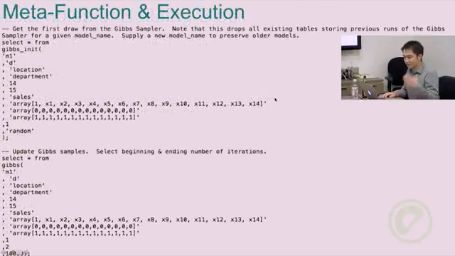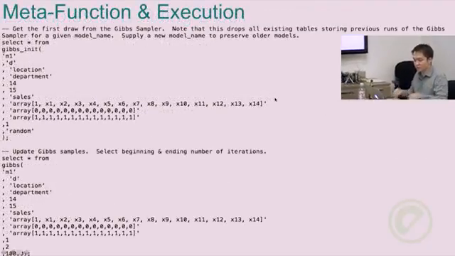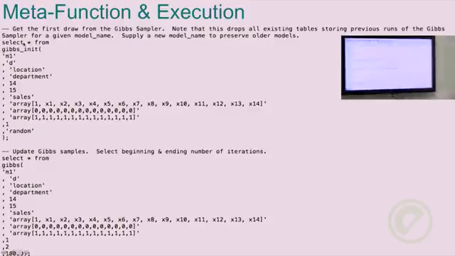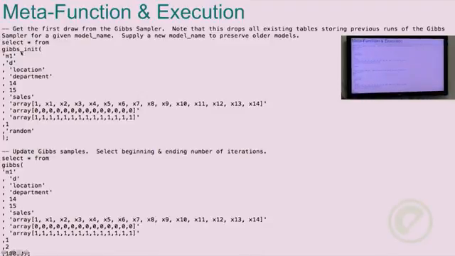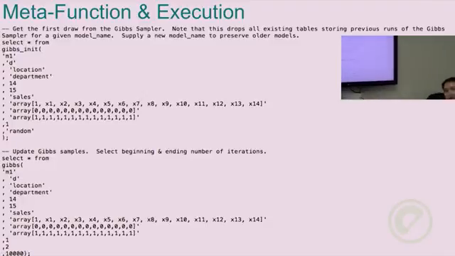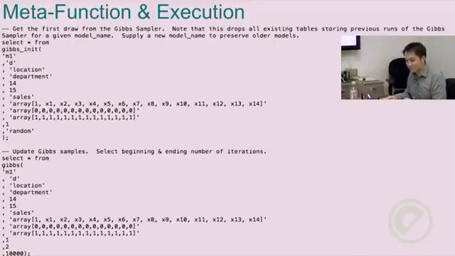Now in this meta function, this orchestration layer, we put it all together and package it up. We call it, let's say, a Gibbs init, and we create that function inside of Greenplum, and we specify a set of arguments that each of the different component functions or building block functions will need in their respective steps, right?